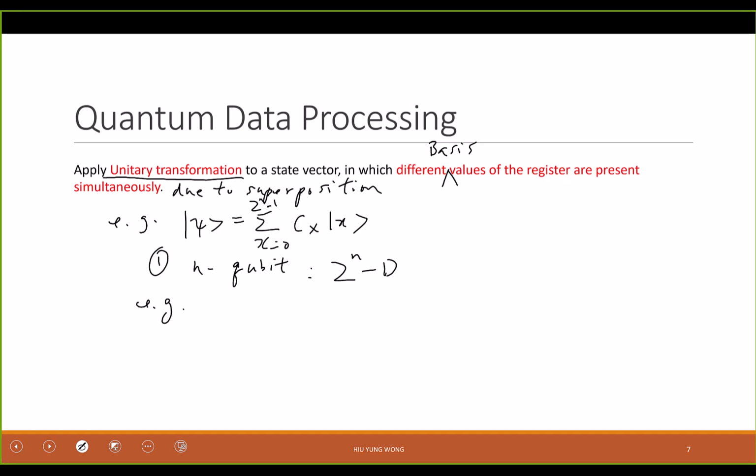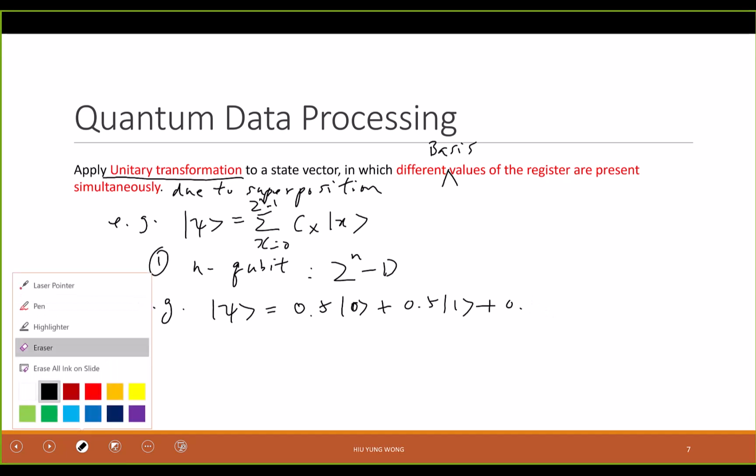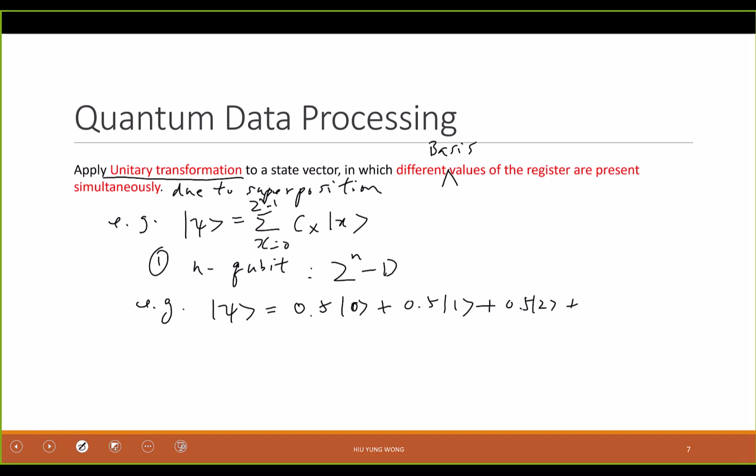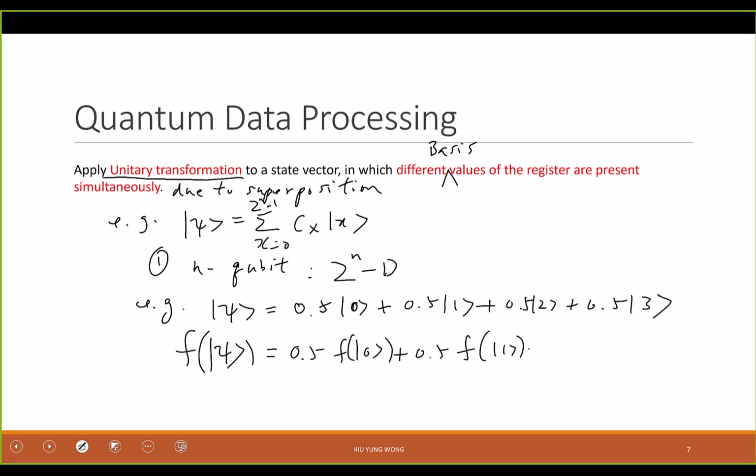If I have something like psi equal to what we had earlier, 0.5|0> plus 0.5|1> plus 0.5|2> plus 0.5|3>, and I apply a function to this one, in principle, due to the superposition, I get all of them at the same time. Is that okay? So just one computation.